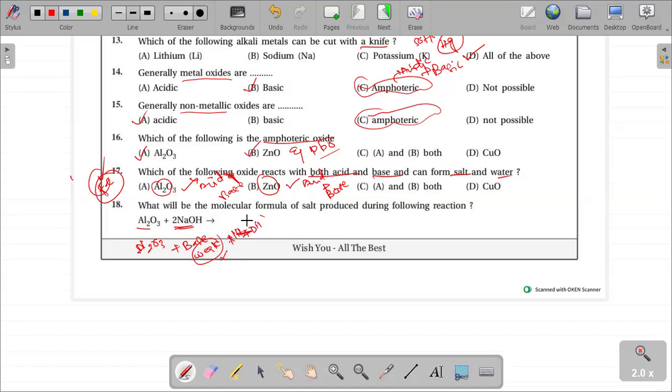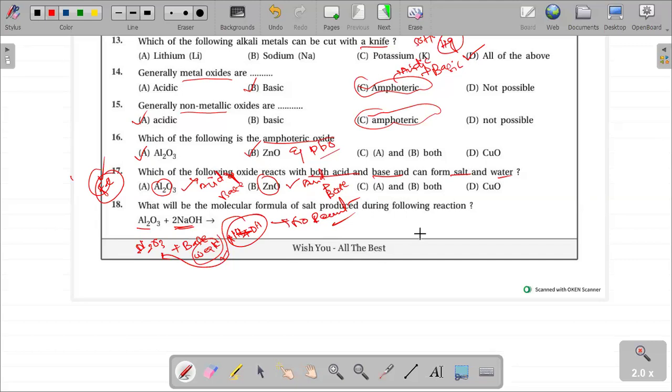If you add NH4OH to aluminum oxide, no reaction. It won't react. Aluminum oxide, lead oxide, or zinc oxide, the amphoteric oxide, will react only with a strong base.